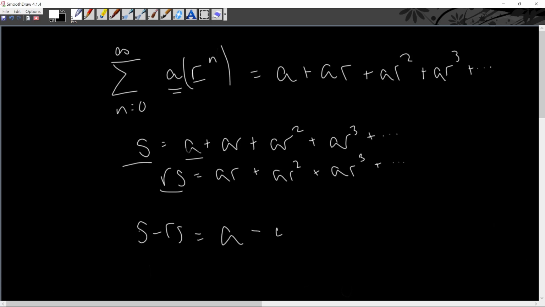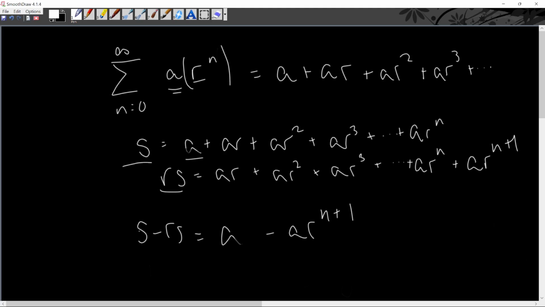If this goes to a times r to the n, ar to the n is the term that comes before ar to the n plus 1, because you are multiplying by an extra r. So you're going to have a minus ar to the n plus 1.